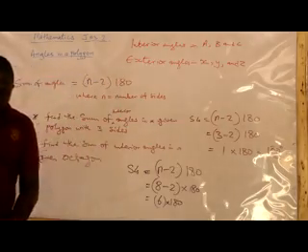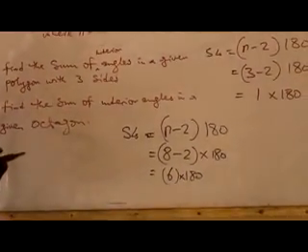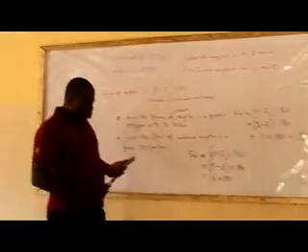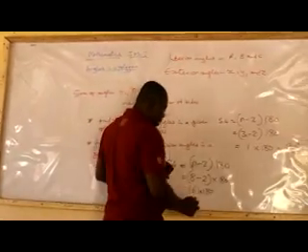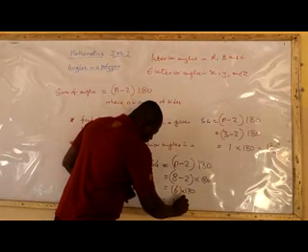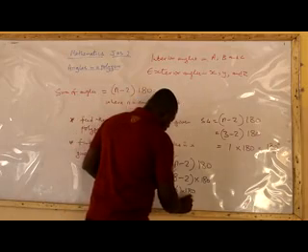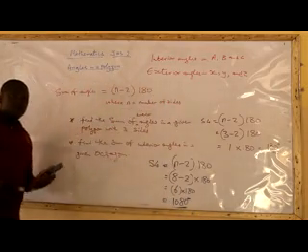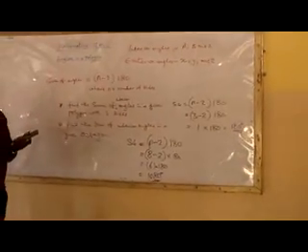Get your calculator and multiply 6 by 180. 6 times 180 will give us 1080. That is the sum of angles in a given octagon. So that's how to find it.